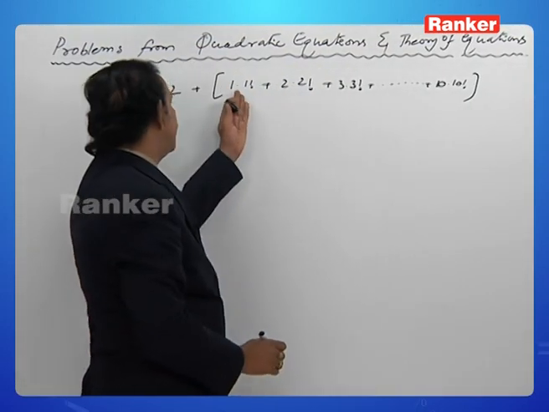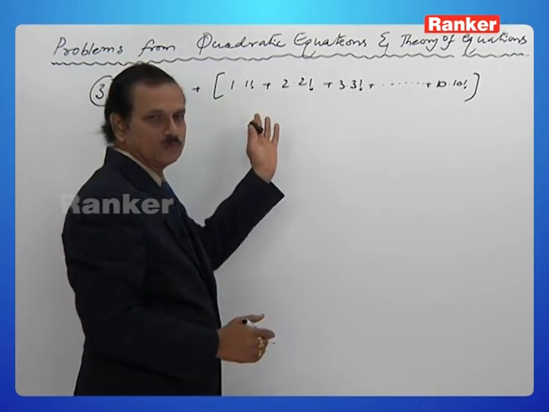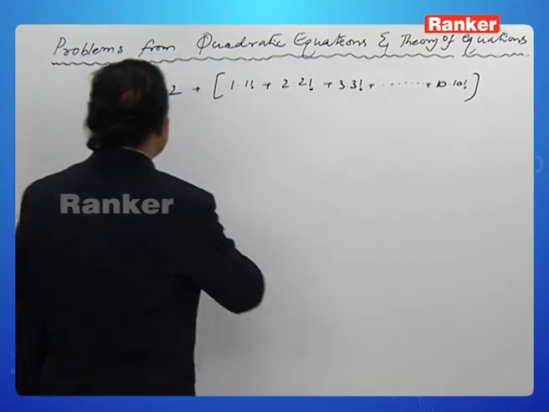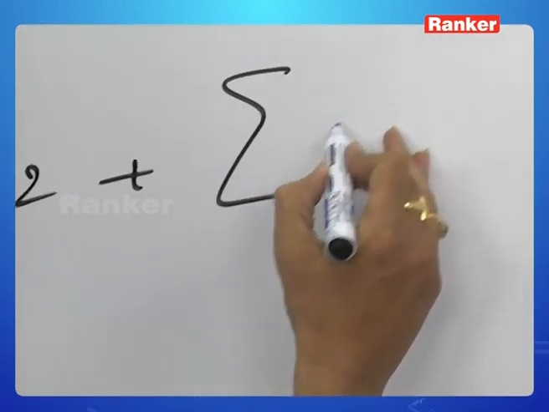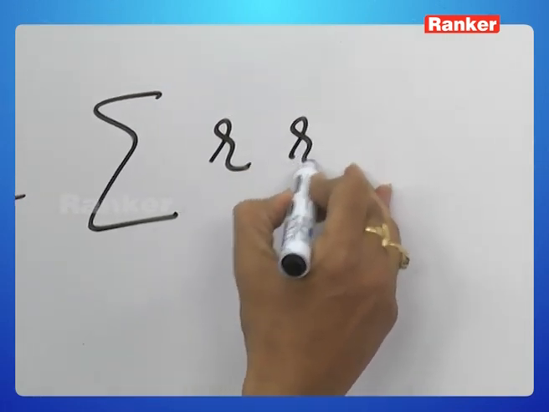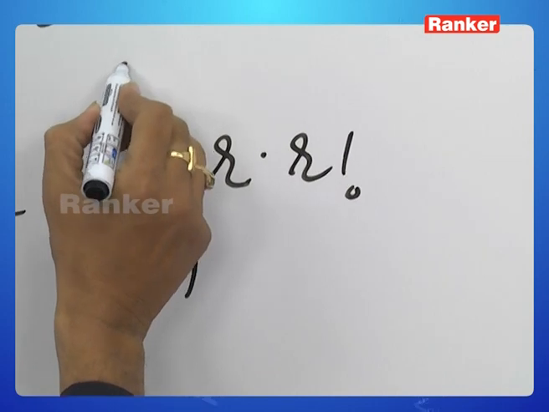I have taken this 1 into 1 factorial. Actually, that 1 is not given and it is not a sin to have that 1 there. This is equal to 2 plus sigma r into r factorial, r is equal to 1 to 10.